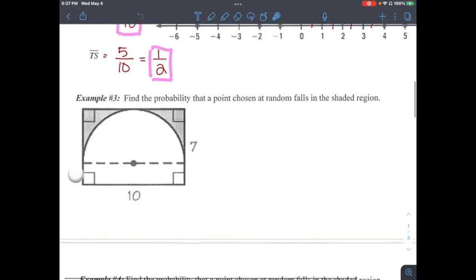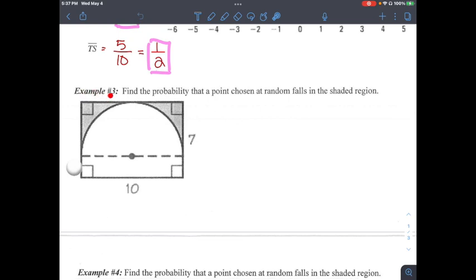On to example number 3. Now, example number 3 is looking at a picture. It says, find the probability that a point chosen at random falls in the shaded region. The shaded region, if you look, is right here and right here.